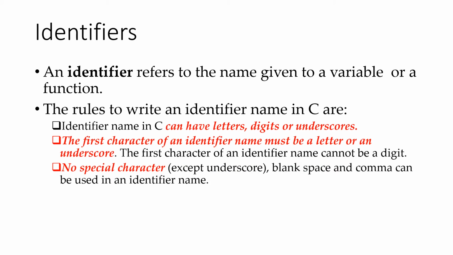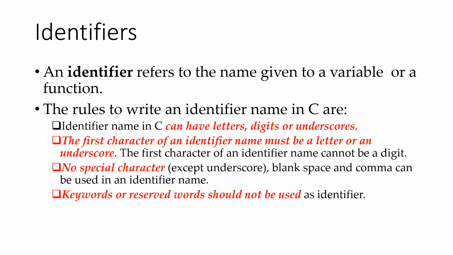One thing is a keyword should not be used as an identifier, and when you give a name in general, you should remember these three things. Special characters should not be used, then it can contain three things: letters, digits, or underscore. And the start should be either a letter or an underscore. It should not start with a digit. Just by remembering these simple rules, you can give a name for a variable or a function.